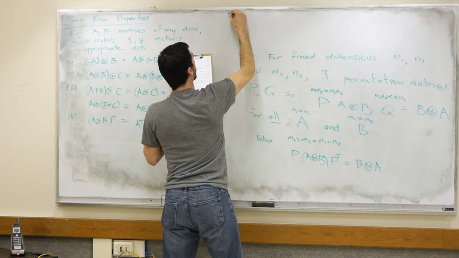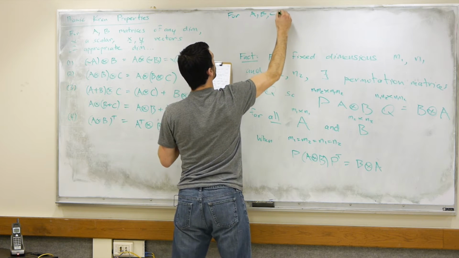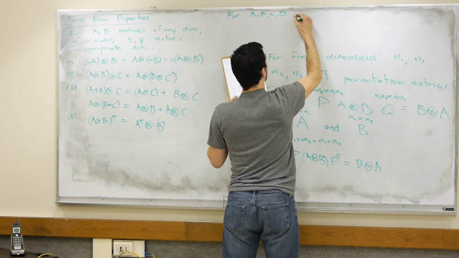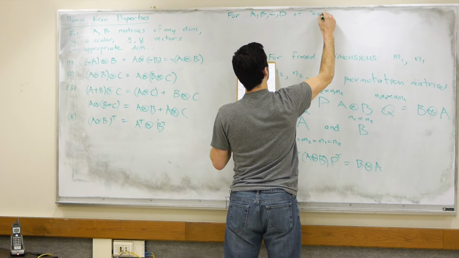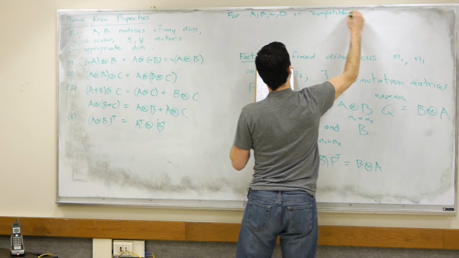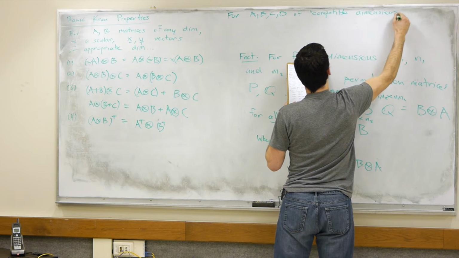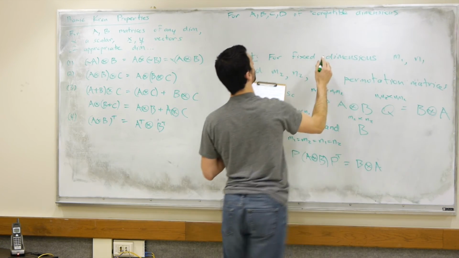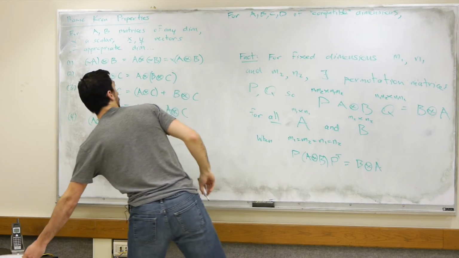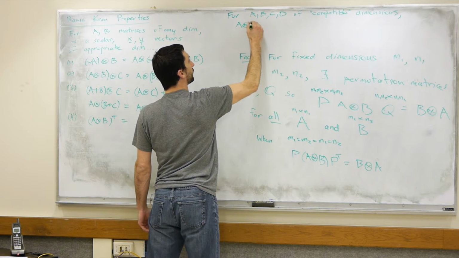Okay. For matrices with compatible dimensions, and I'll say more precisely what that means in a moment, we have the following.